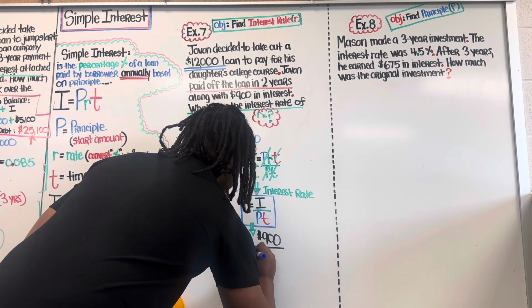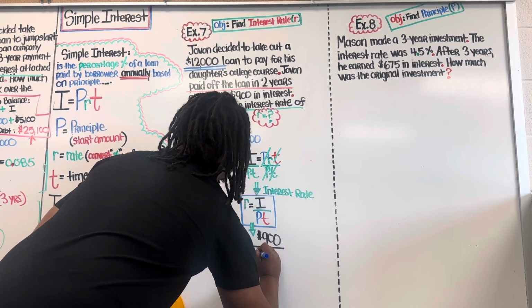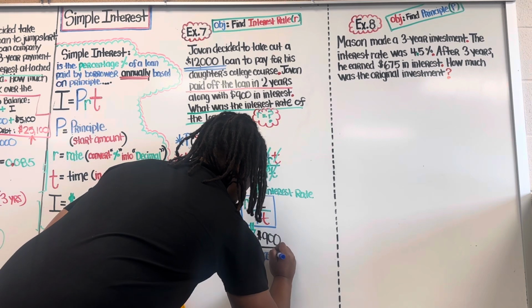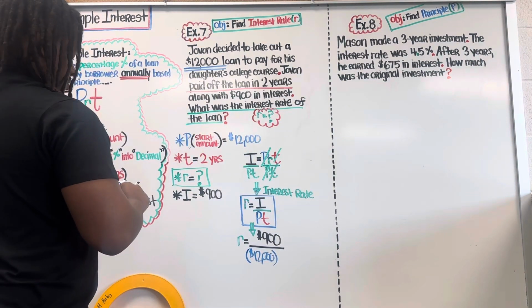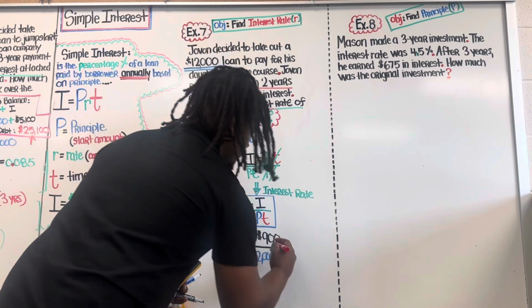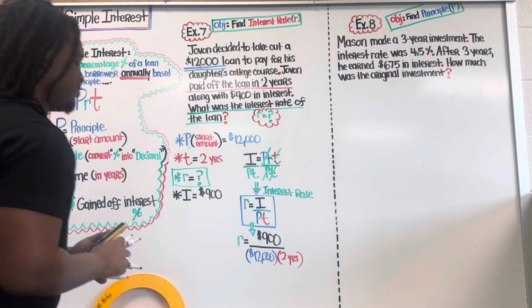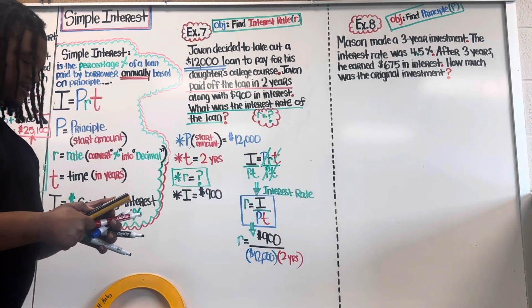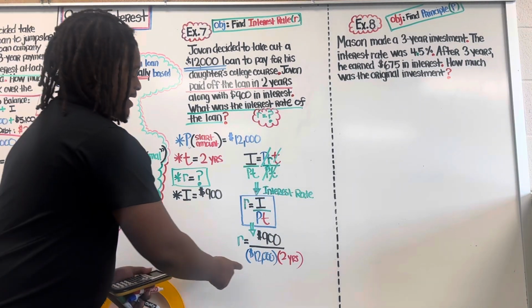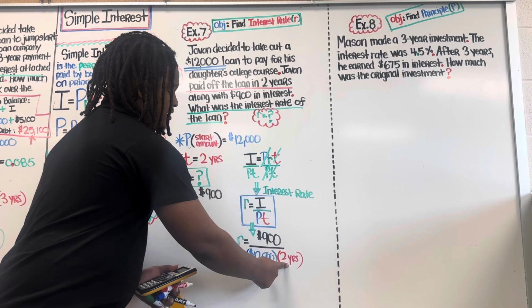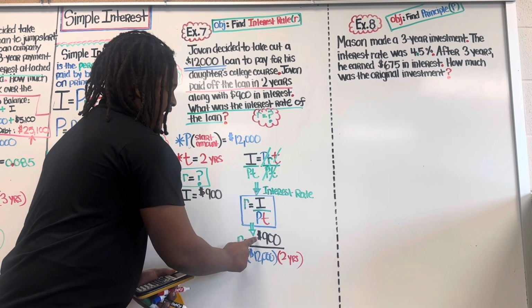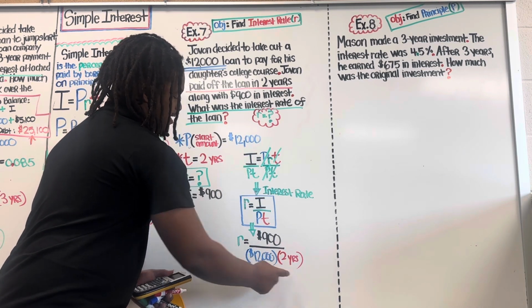The principal is $12,000, times 2 years. So what I'm going to do is multiply 12,000 by 2, and then I'm going to divide 900 by whatever 12,000 times 2 is, okay?